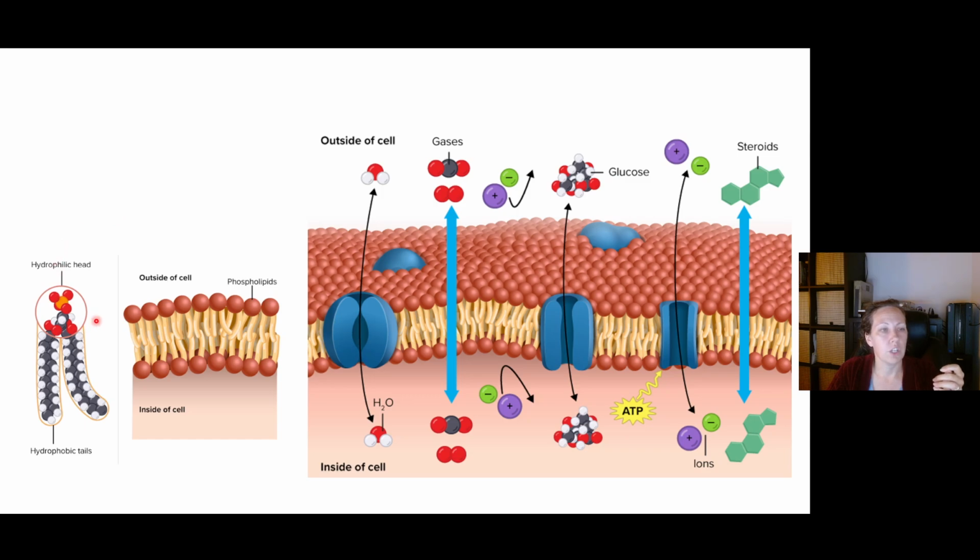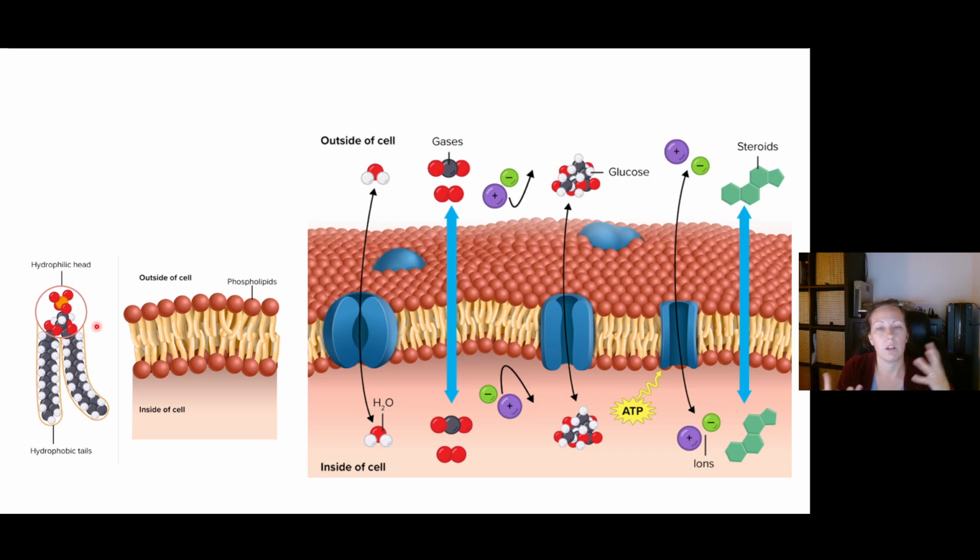Okay, so because you have the hydrophilic head, the phosphorus side, and the hydrophobic tails, what happens is the hydrophilic sides are on either side of the cell membrane, facing towards the water part of the interior and exterior of the cell, right?